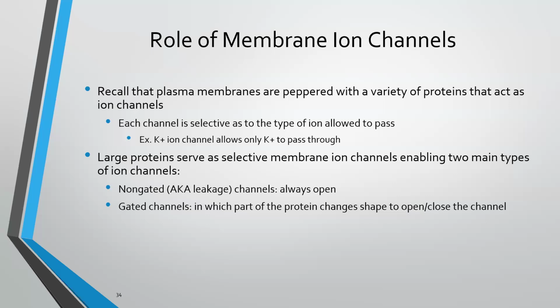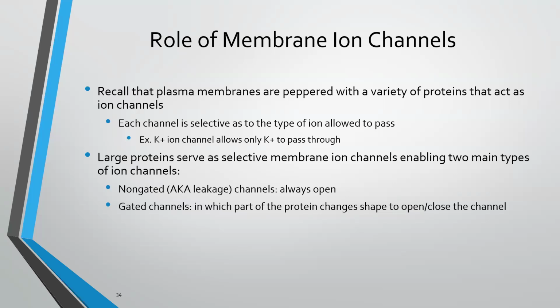All right, so the role of your membrane and ion channels, just recall that plasma membranes are peppered with a variety of proteins that can act as ion channels. And the channel is selective as to the type of ion that is allowed to pass, right?